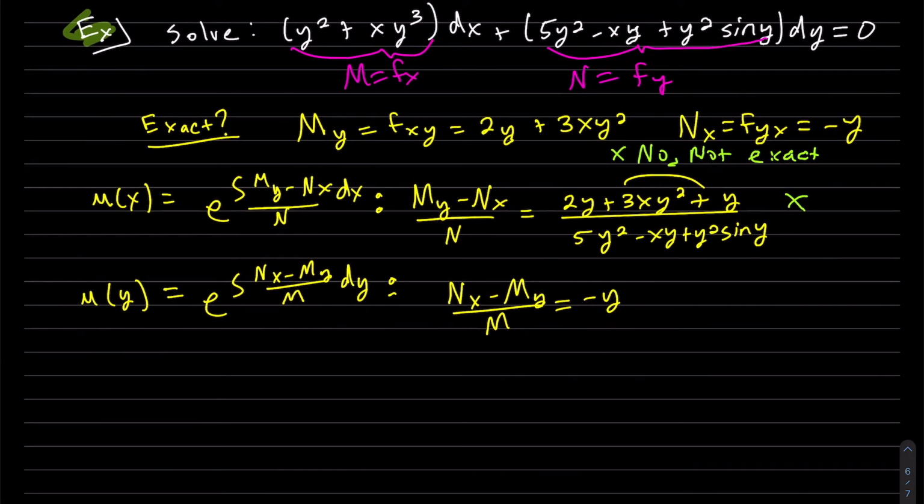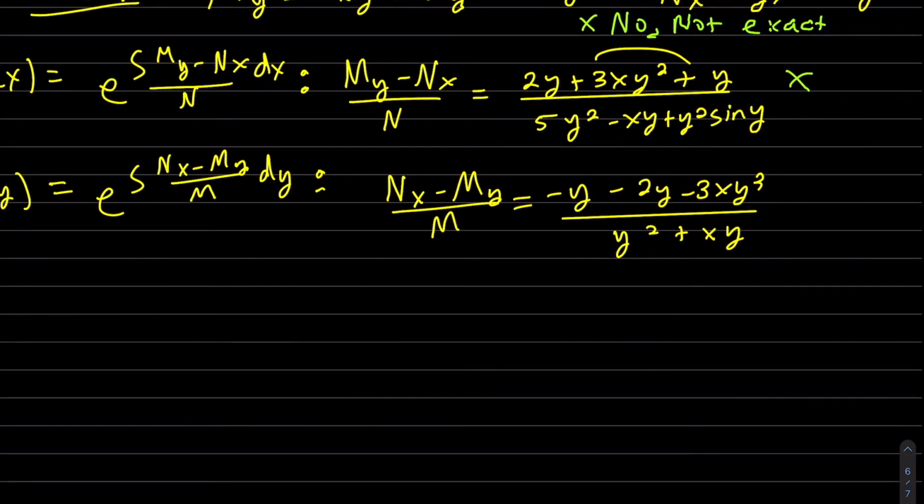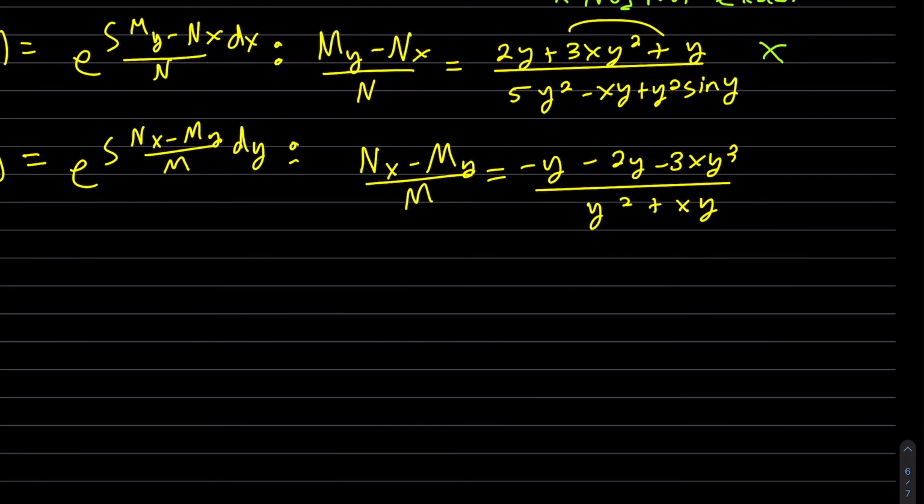The terms are right there. There's nx, there's my minus that, all over m, which is, this is m. Not as bad as the previous. Not great. So at least we don't have sine of x in there, and we might be able to simplify it to see if it's in terms of y.